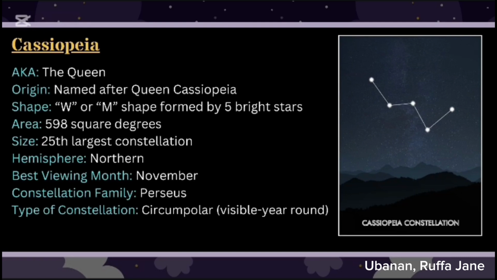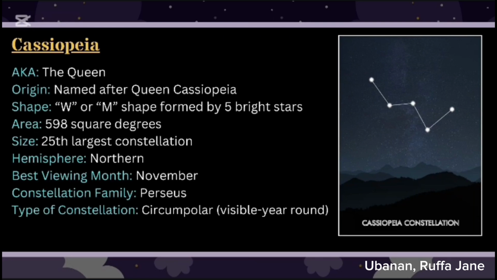It's easily recognizable by its distinctive W or M shape, depending on the location, formed by five bright stars. Cassiopeia is a large constellation covering 598 square degrees of the sky. It's the 25th largest constellation in the sky, and it's located in the northern hemisphere.